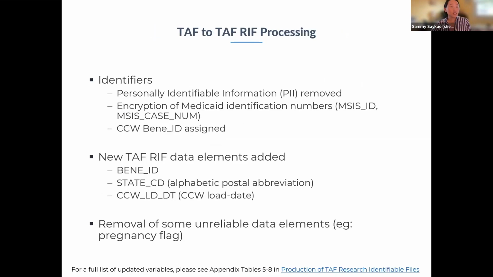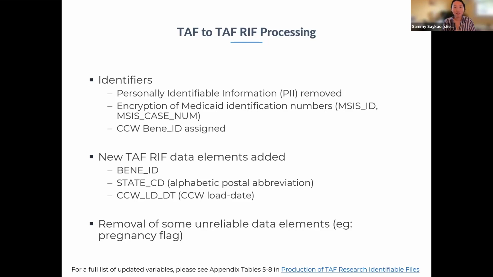Still talking more about processing, things that were changed: identifiers, the PII, were removed, and Medicaid identification numbers were encrypted, both MSIS ID and MSIS case number, excuse me. And there was a CCW Benny assigned, to help you identify a single beneficiary. There are also new TAF RIF data elements that were added.